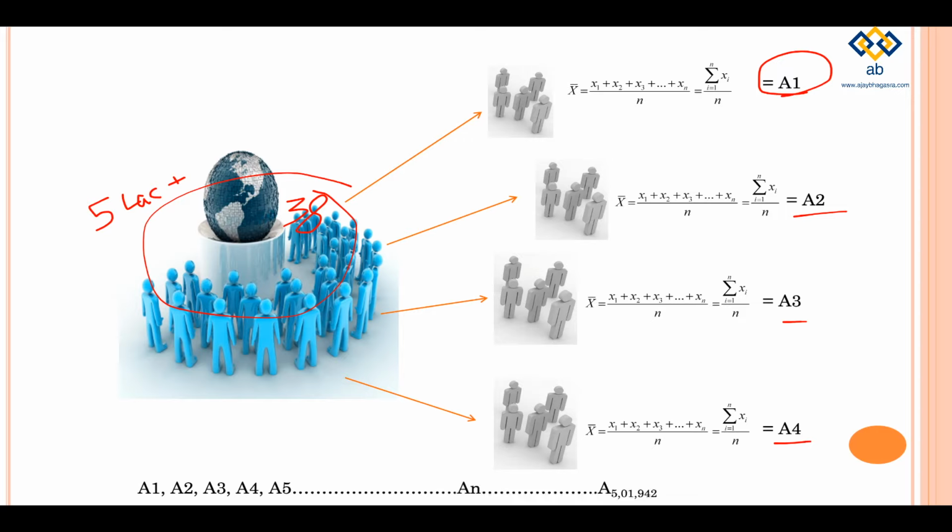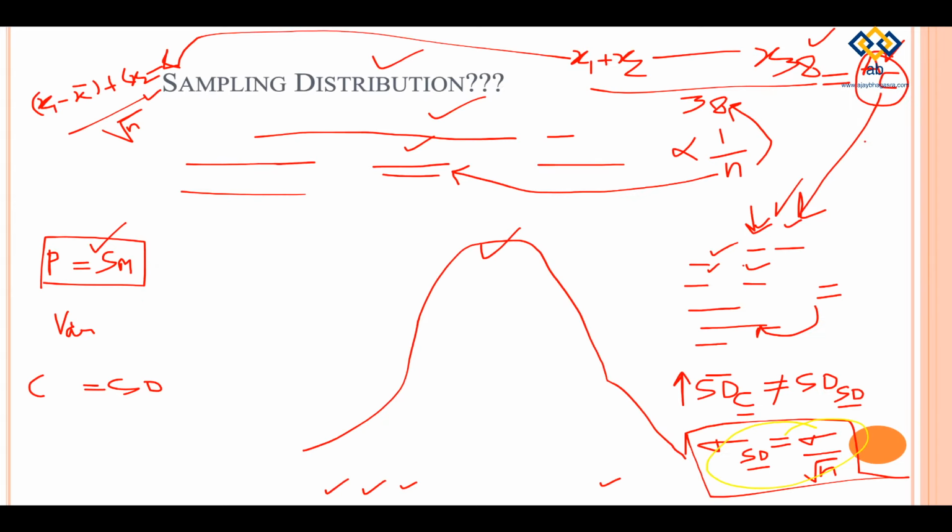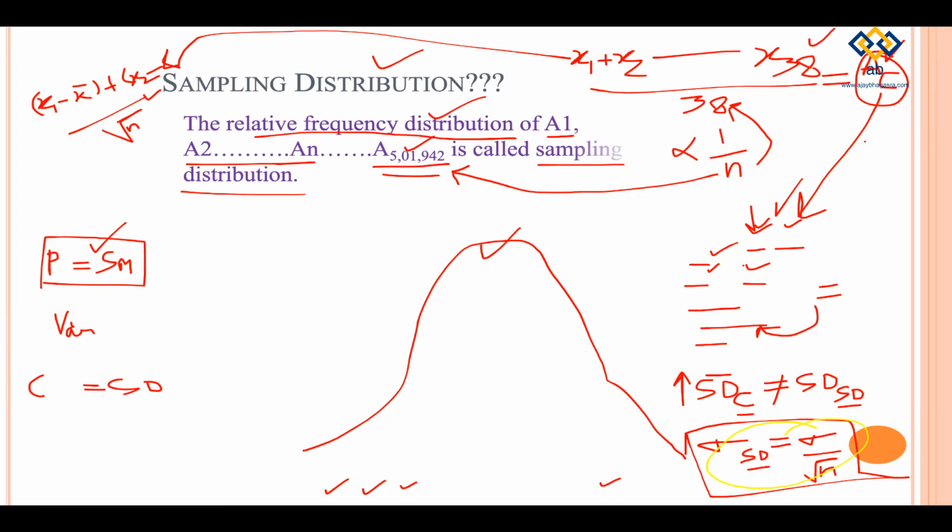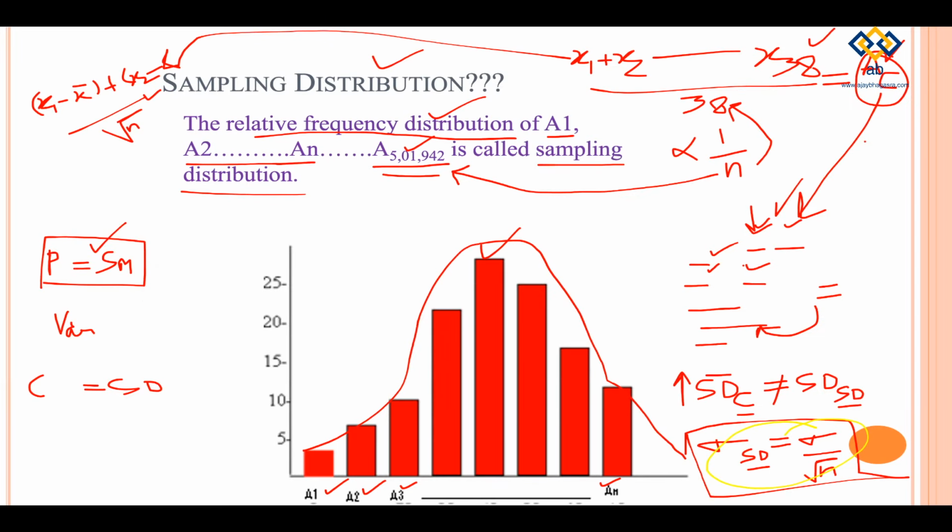When I did the sampling frequency distribution of these means, it gave me this shape. By following this logic, if you take the mean of A1, A2, A3, A4 and so on, it would be equal to the mean of the population.